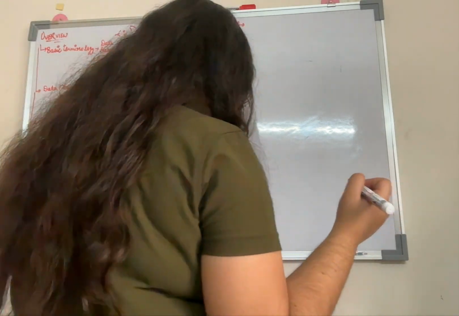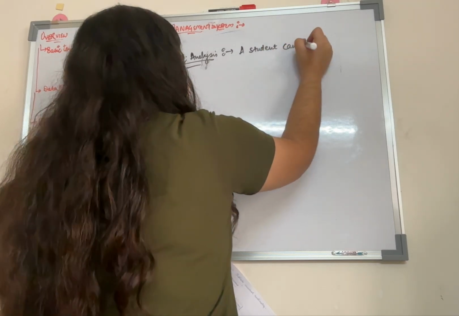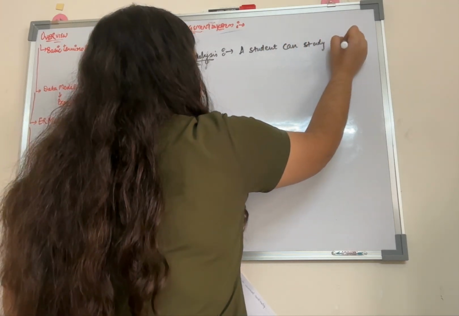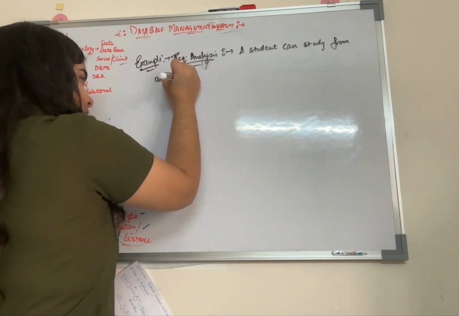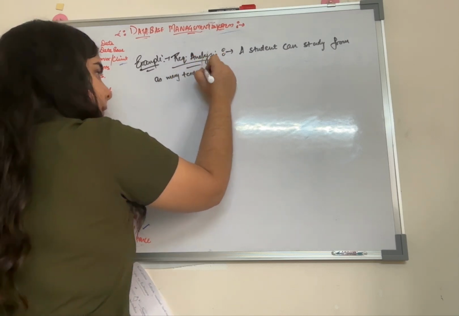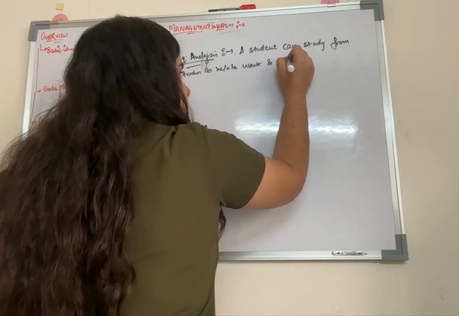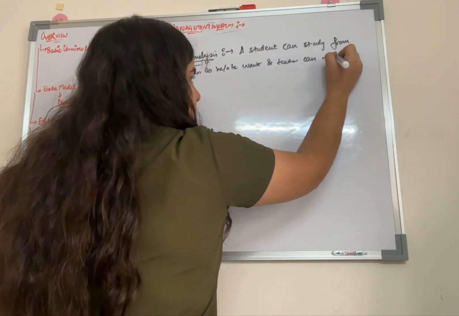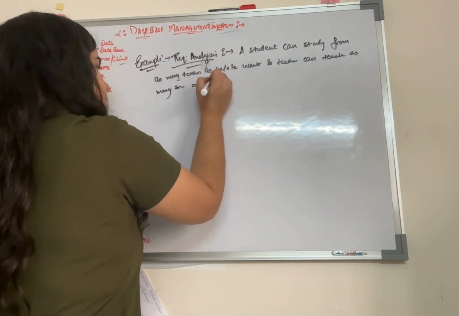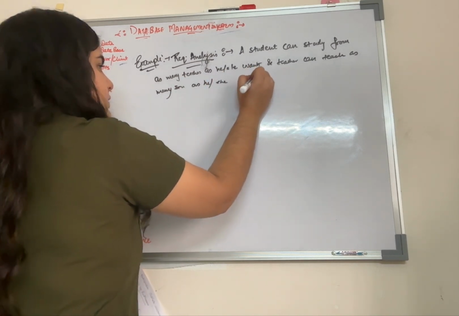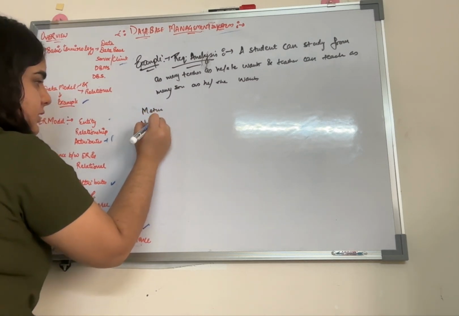It says that a student can study from as many teachers as he or she wants, and a teacher can teach as many students as he or she wants, and there are m students and n teachers in the school.